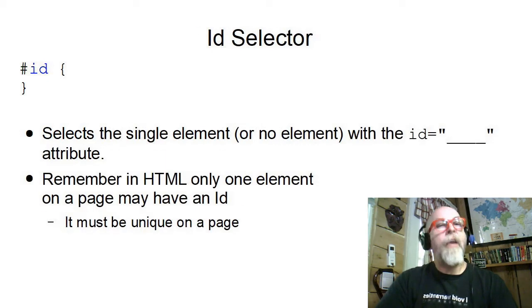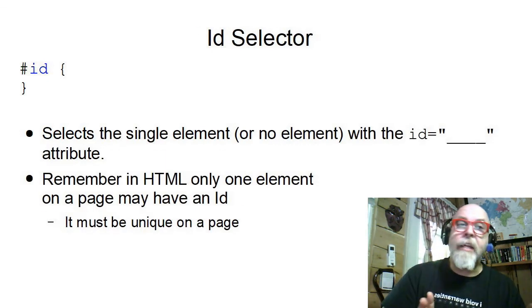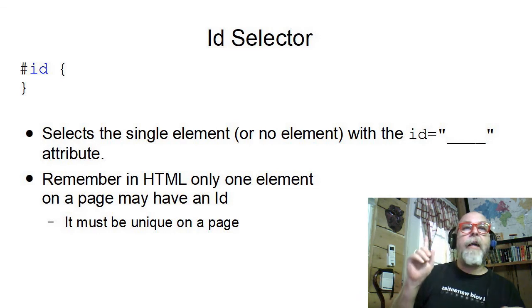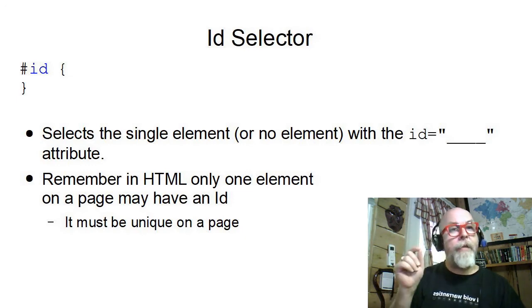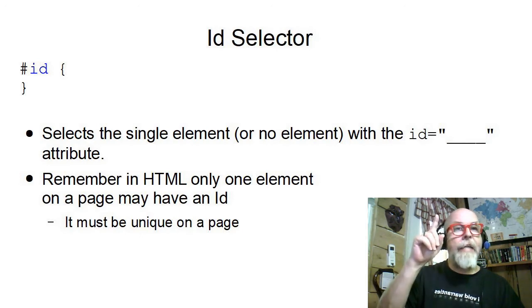The second selector that you've seen in other presentations is the ID selector, and you use a pound followed by the ID, and that will find the element, if it exists, that has the ID attribute and matches the ID.